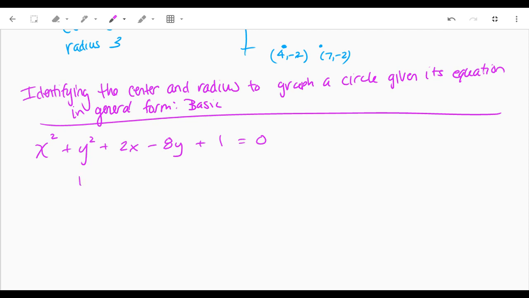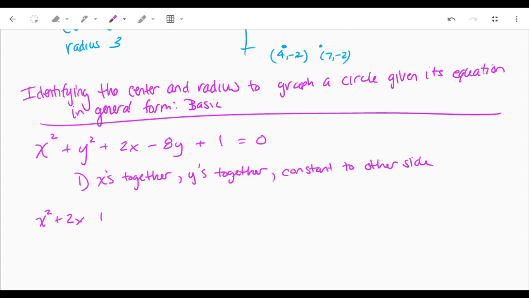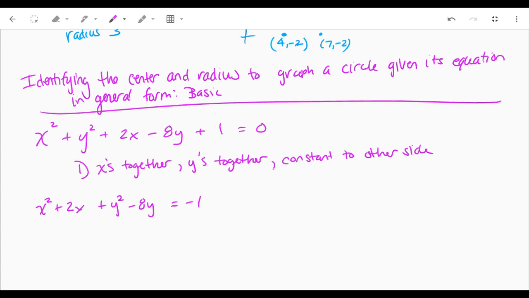We want to get the x's together, the y's together, and the constant to the other side. So we rewrite that as x² + 2x + y² − 8y = −1.